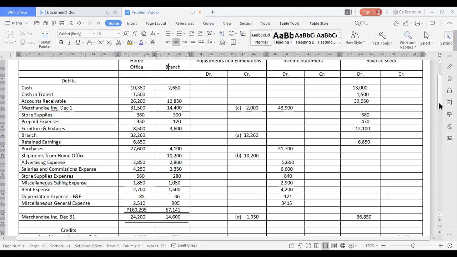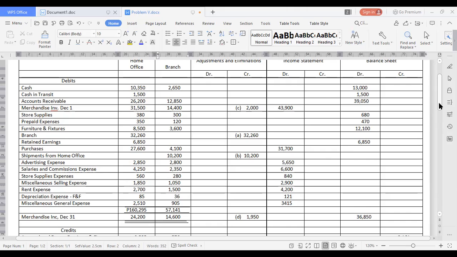Then we have retained earnings. It's a debit. In other words, as of December 1, there was a retained earnings deficit of 6,850. Then we extend purchases to the income statement, 31,700. Shipments from home office is now eliminated, credit minus debit.